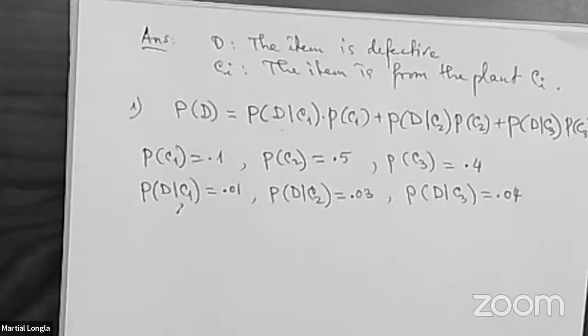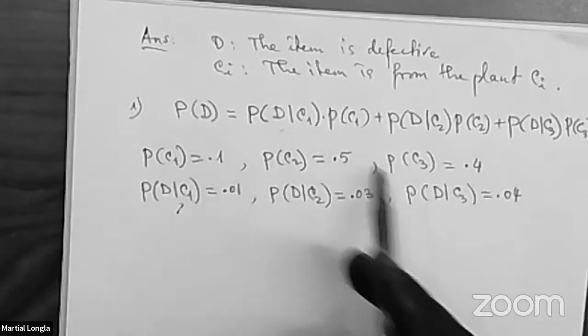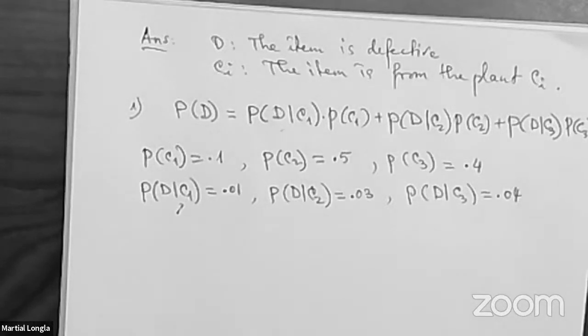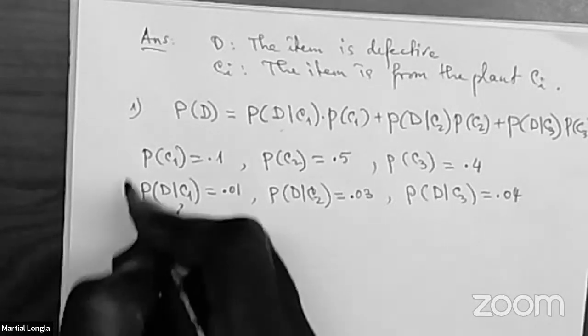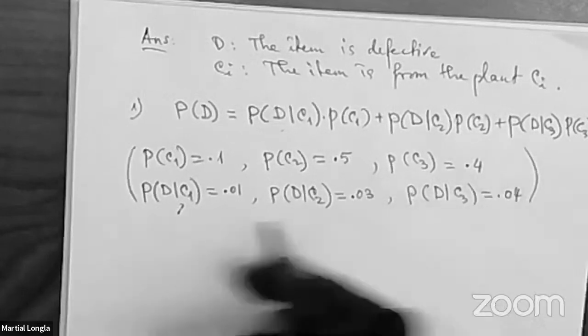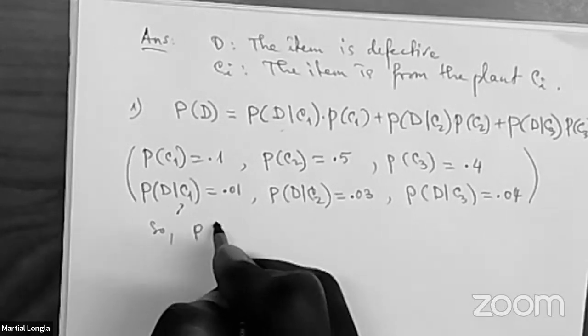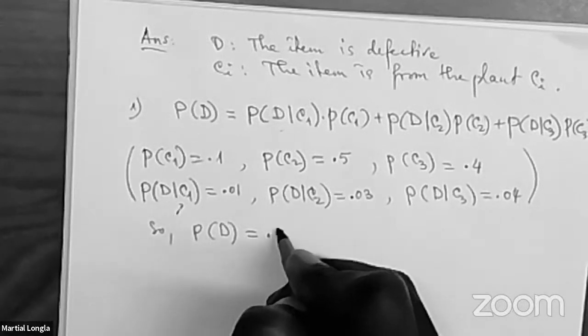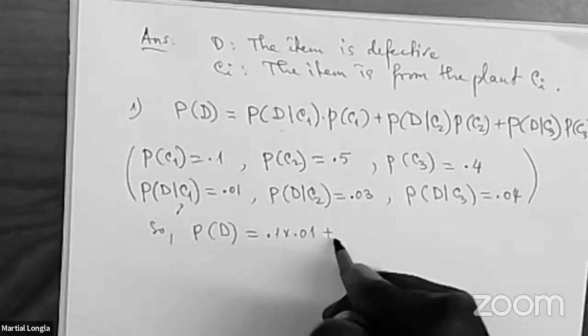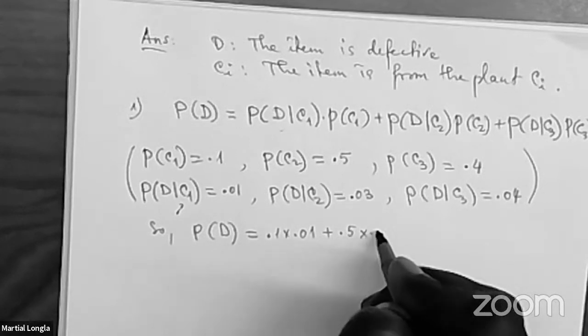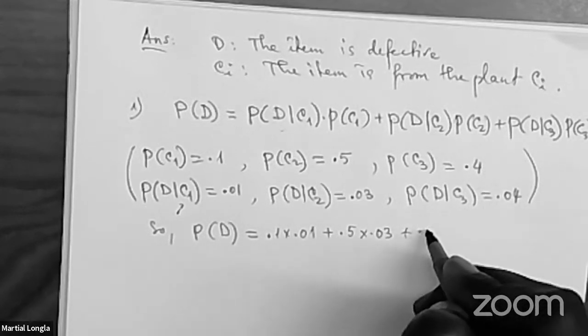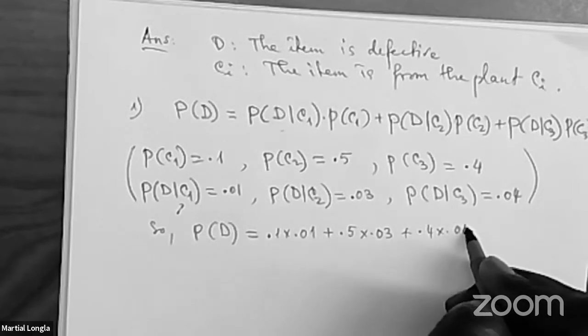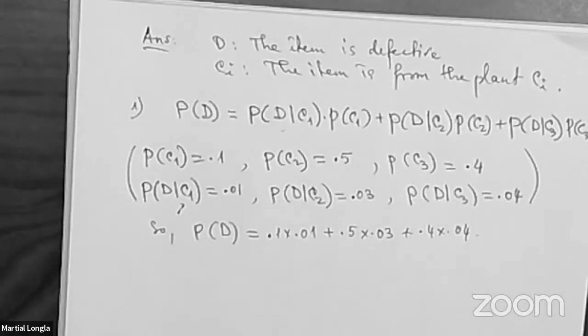That's it. Now you have all the 6 numbers that you need for that formula to work with. Therefore, P of D is 0.1 times 0.01 plus 0.5 times 0.03 plus 0.4 times 0.04. Does it make sense?